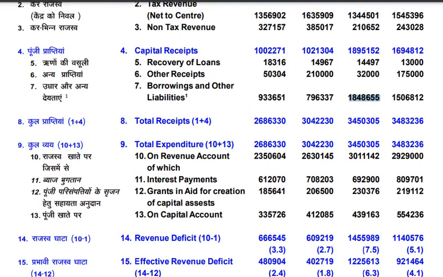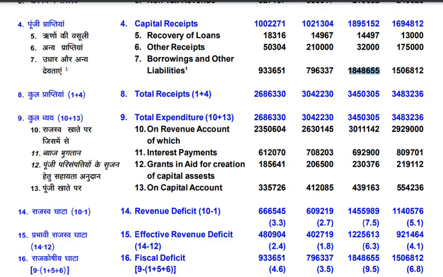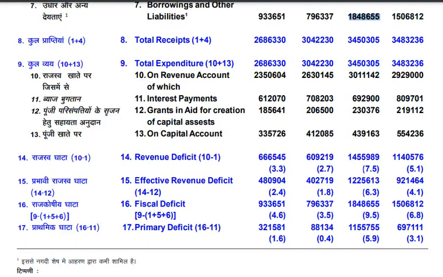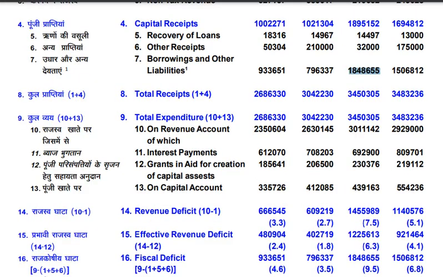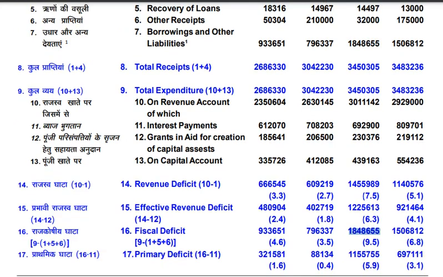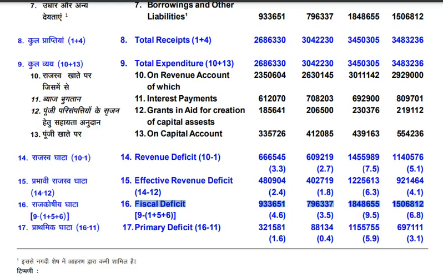So here in the 7th you can see the number, it might be misleading, but it is straight away shown here. You can see the 7th and fiscal deficit numbers are both matching. So the point is that fiscal deficit is the borrowing amount. Whatever the central government is borrowing, those numbers are reflected under fiscal deficit.